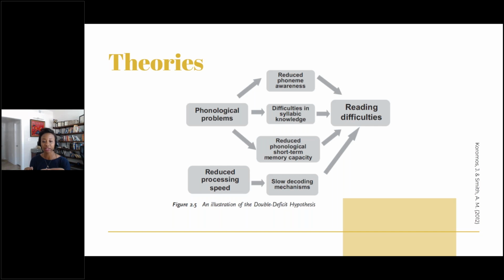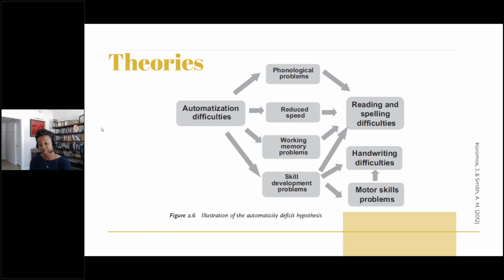If you look at this double deficit hypothesis theory, you will see that phonological problems and reduced processing speed result in reduced phoneme awareness, results in difficulties in syllabic knowledge, results in reduced phonological short-term memory capacity, and also results in slow decoding mechanisms. So it's not just simple, right? It's not just one thing. There are so many things that impact reading difficulties.